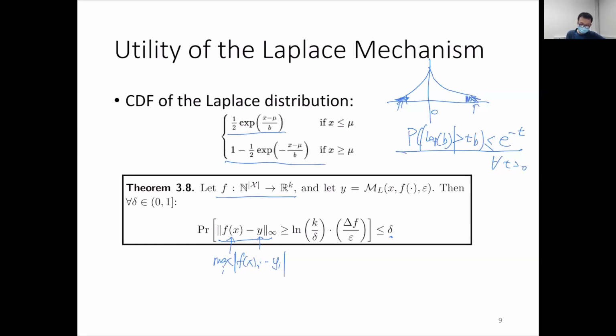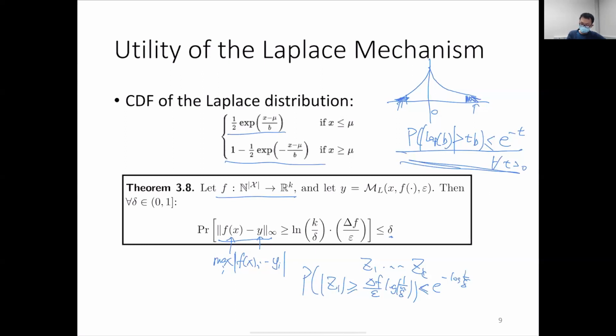Basically, we apply this k times. Let's say we have Laplace noises z_1 to z_k. The probability of z_1 being larger than delta f over epsilon times log 1 over delta tilde is smaller than e to the power of minus log 1 over delta tilde.